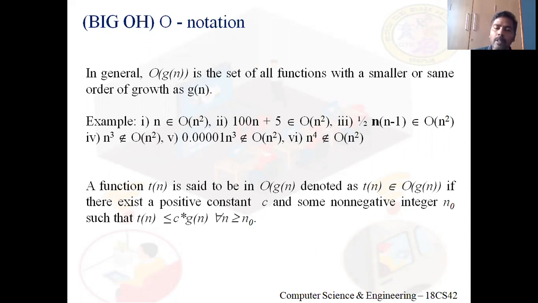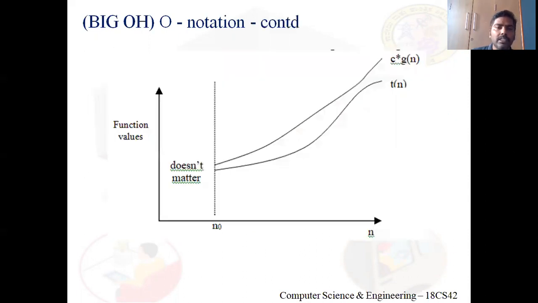What we need to observe is that the graph of t of n should lie below the graph of g of n. So just look at this. Here, I have plotted a graph for t of n and g of n. You see here, because t of n belongs to big O of g of n.